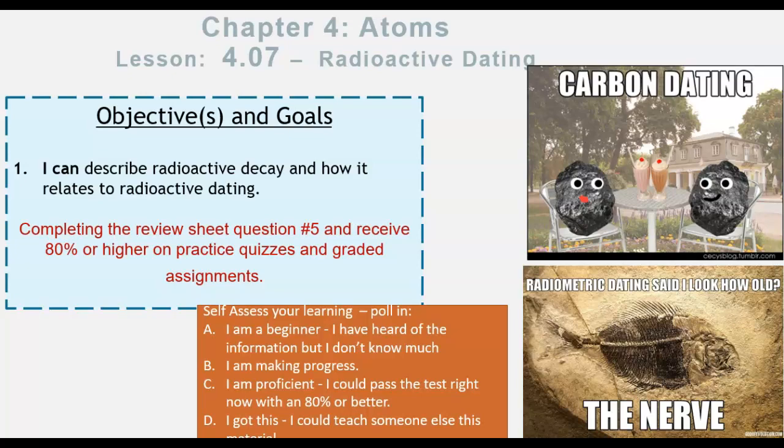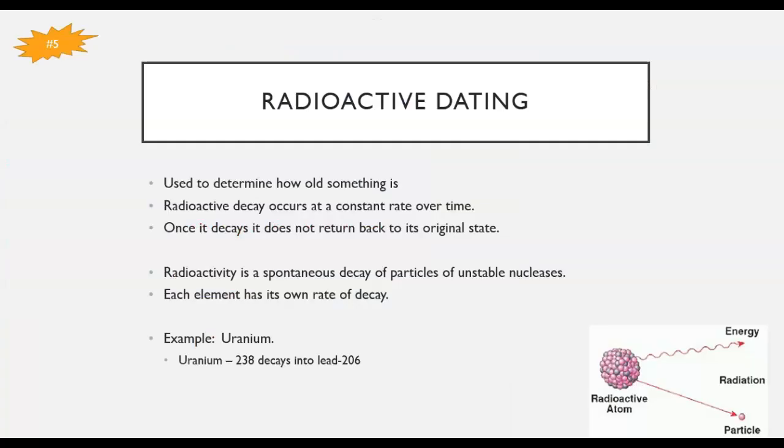What is radioactive dating? You might have heard that term before. Well, radioactive dating is used to determine how old something is, because we know that radioactive decay occurs at a constant rate over time. So it's the spontaneous decay into a more stable nucleus.